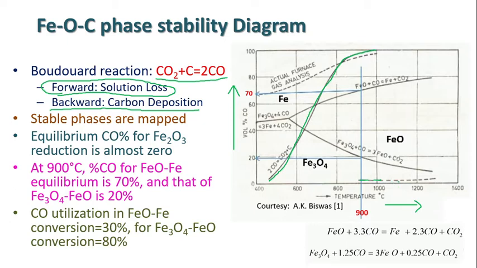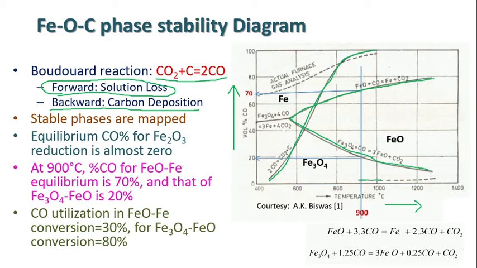Above this dotted line, the Fe3O4 FeO line is present. This is the Fe3O4 FeO line. And if we go further upward, then we will find the FeO to Fe line, the FeO Fe equilibrium line.